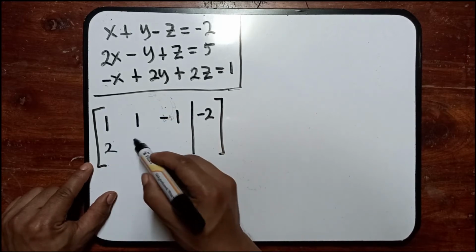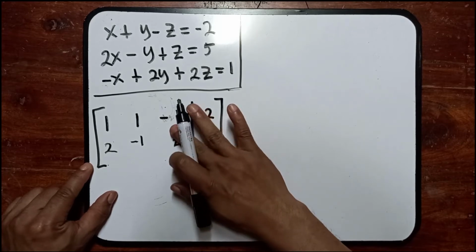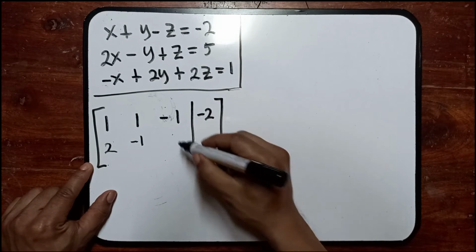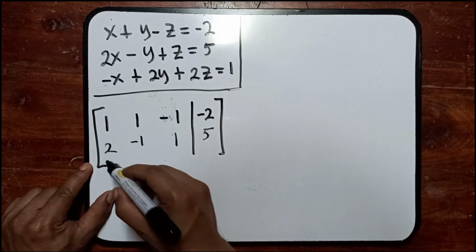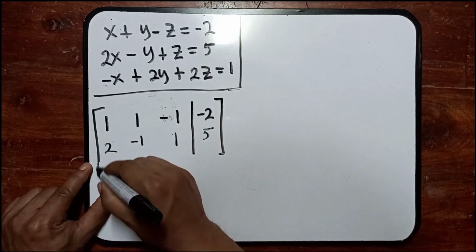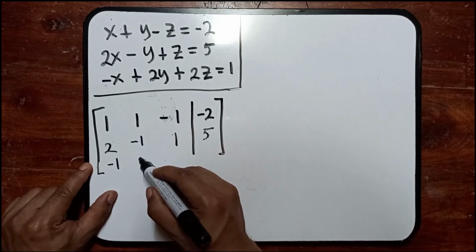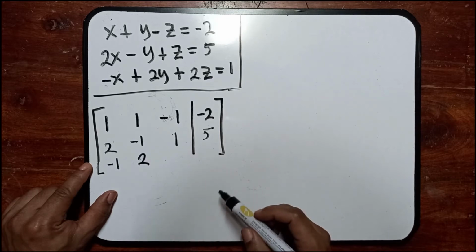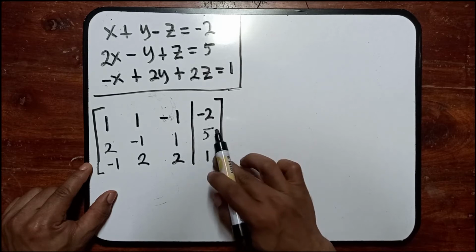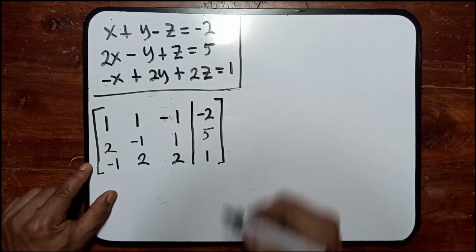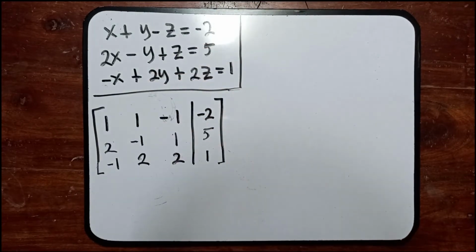Then we have 2, negative 1, and then z is positive, so let's write here positive 1, and then 5. x is negative, so let's write down here negative 1, and then positive 2y, so let's write here 2, and then positive 2z, let's write here 2 again, and then 1. Okay, so this is how to transform a system of equations into an augmented matrix.